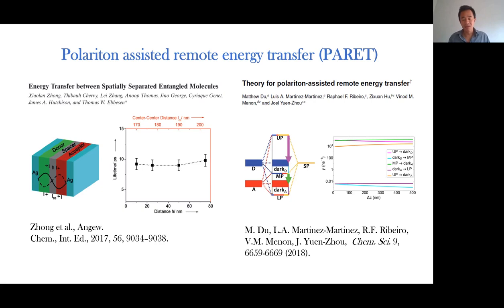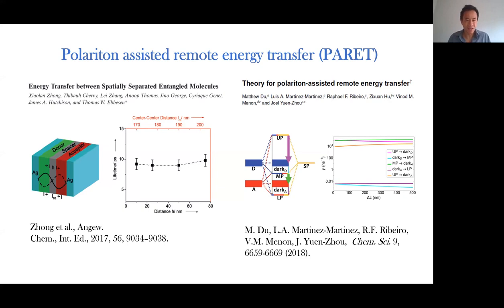So the way we explain this in this paper is that if you excite the upper polariton, then you statistically decay into the dark states of the donors and of the acceptors. Okay, so there's a Hopfield coefficient, and then the population into the dark reservoirs is statistically distributed.